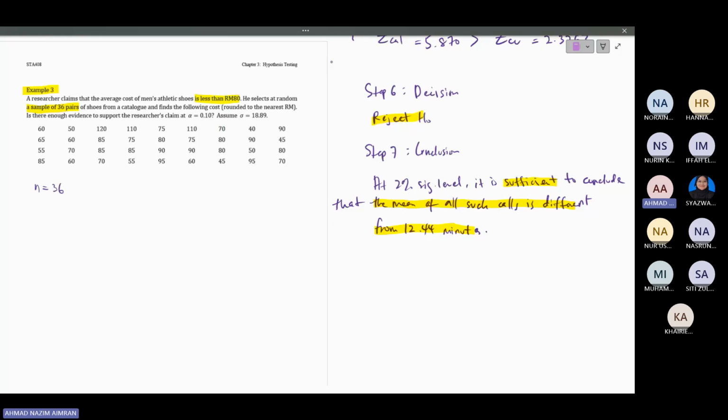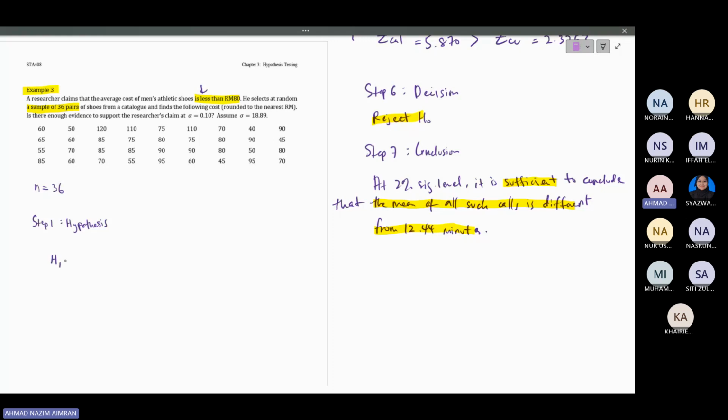And again, as discussed yesterday in our class, what is mentioned in the question is actually our alternative hypothesis, because this is step 1, hypothesis. So we want to test if the men's athletic shoes cost less than RM80. Less than RM80 is our alternative hypothesis.